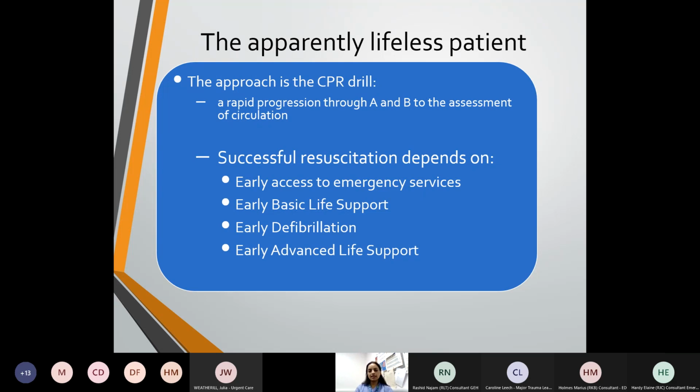Successful resuscitation depends on early access to emergency services, very correct BLS, early defib, and early advanced life support. This is where you will need a multidisciplinary approach to trauma.